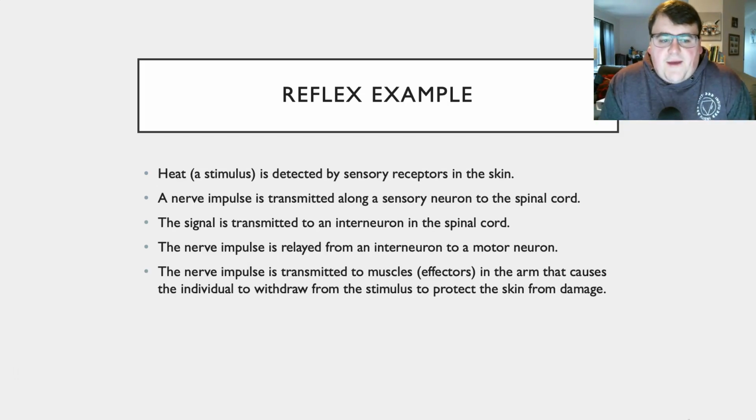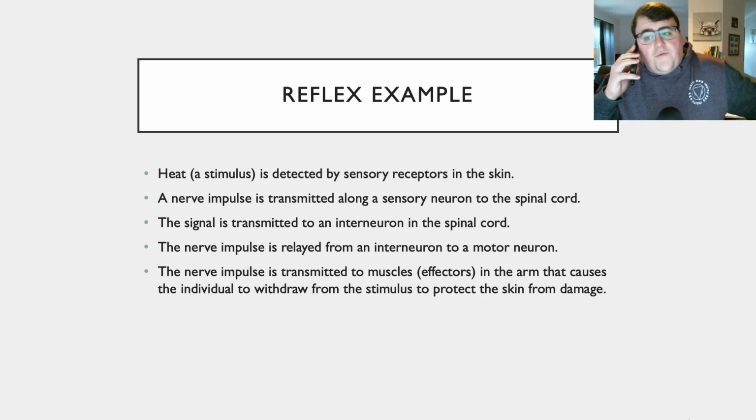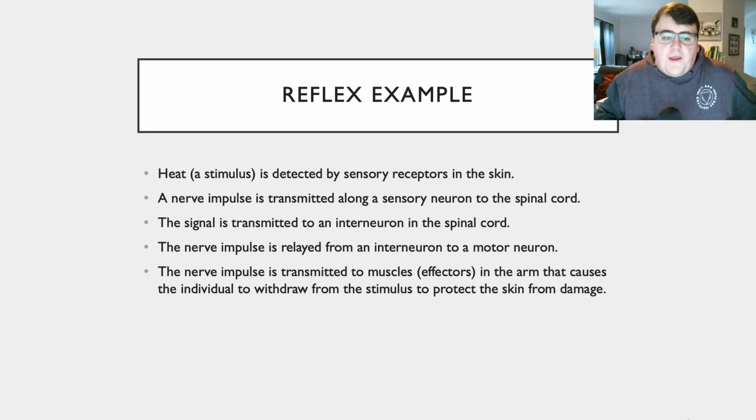So an example of that. You're walking around the kitchen and you don't realize that your gas stove is on. Okay, and as you're just talking on the phone, for example, you rest your hand on the flame, and you don't realize you're resting your hand on the flame. Instantly, heat is the stimulus that's detected in the sensory receptors, the thermoreceptors inside of your skin. A nerve impulse is transmitted along a sensory neuron to your spinal cord.